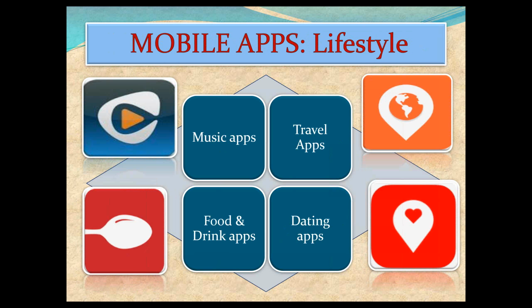Then we have the lifestyle apps, which is where we've seen the biggest uptick in development. It comes as no surprise that we want to use these apps to solve everyday problems in our life, and pretty much we use these applications to enhance our lifestyle and to make everyday living easier. Well, the examples are fitness, travel, food and drink apps, dating apps.